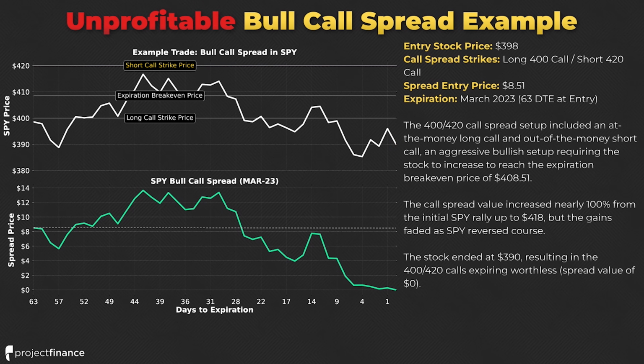This means that the 400 and 420 call options both expired worthless, and the spread reached its final value of 0. So in this case, the SPY return was a negative 2% from the beginning to the end of this trade period. However, the call spread lost $851, or 100% of the initial investment.